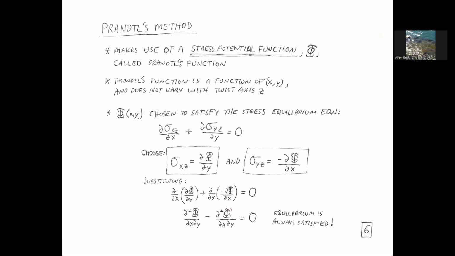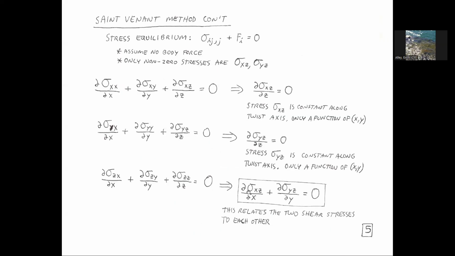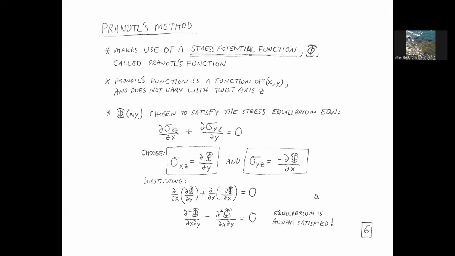So we've got to choose this Prandtl function to satisfy our stress equilibrium. That was the last equation we had right here: d sigma zx dx plus d sigma zy dy equal to 0. So we've just got to make sure that our Prandtl derivatives obey this rule. And Prandtl chose it so that sigma xz is going to be d Prandtl dy, and sigma yz is going to be minus d Prandtl dx.